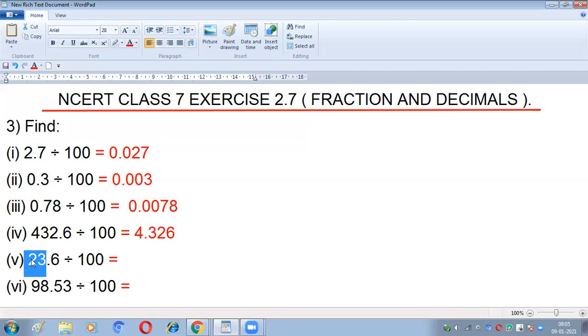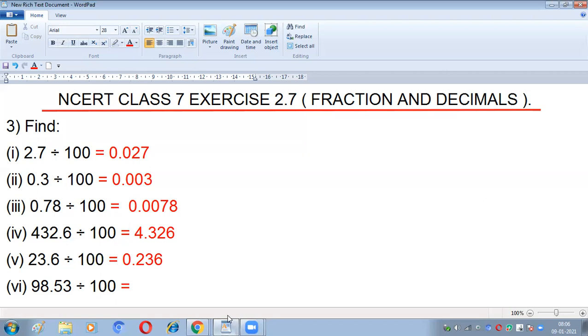So we will move the decimal point before the 2. The answer of the fifth bit is 0.236, and we'll also put a 0 before the point. So our answer will be 0.236.